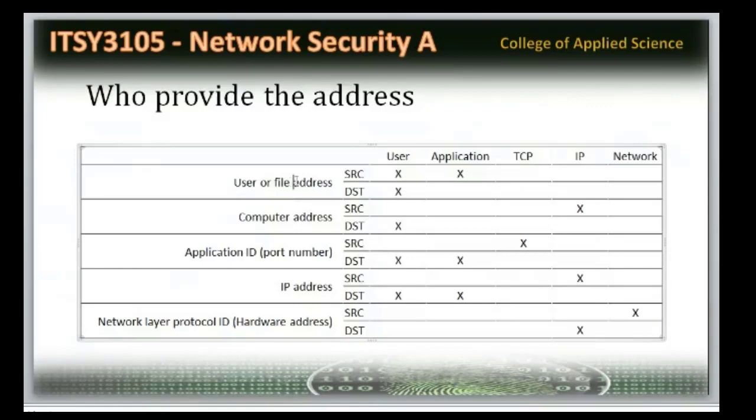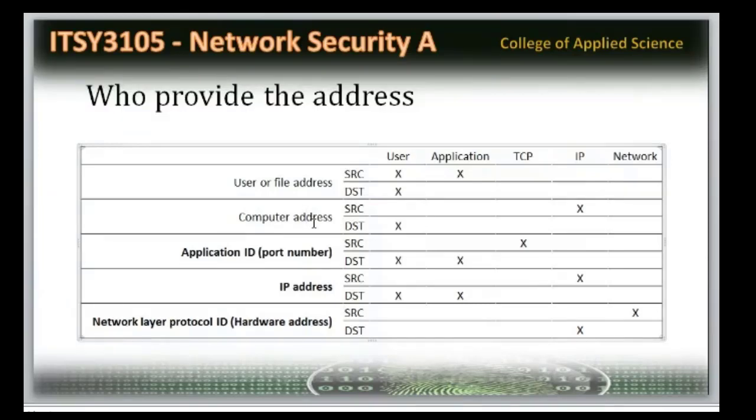Then user or file address means a particular username or a particular address, or a file name, anything. But these are the three important addresses that every packet should have. If you are communicating with a server, you need the computer address.